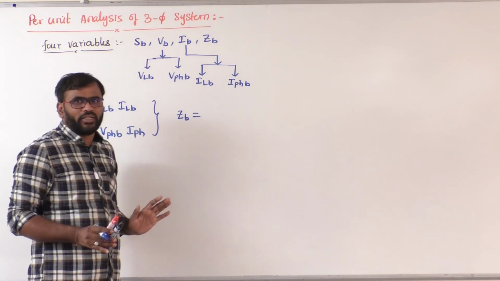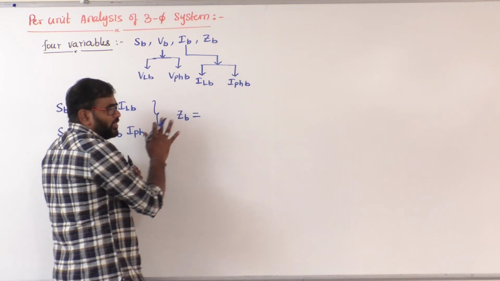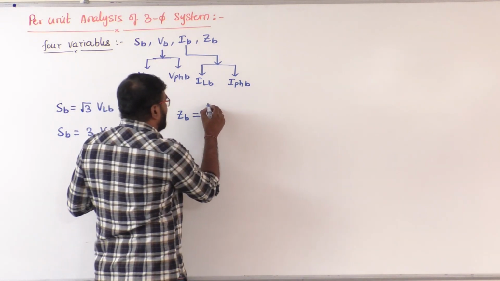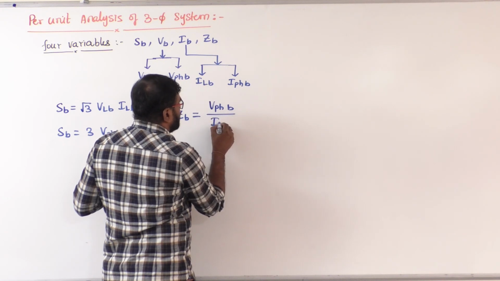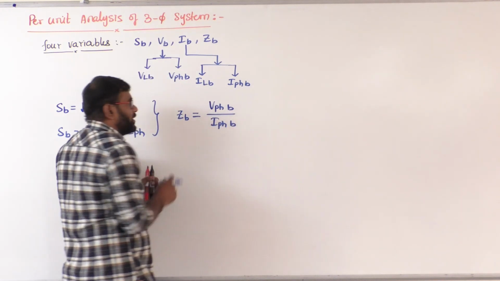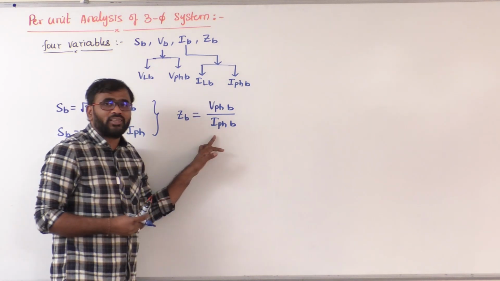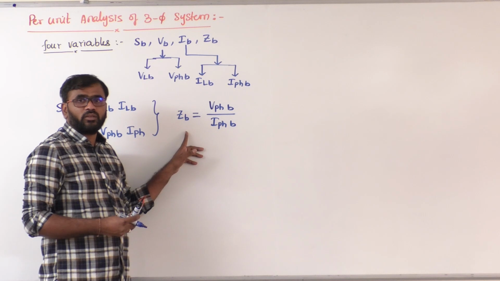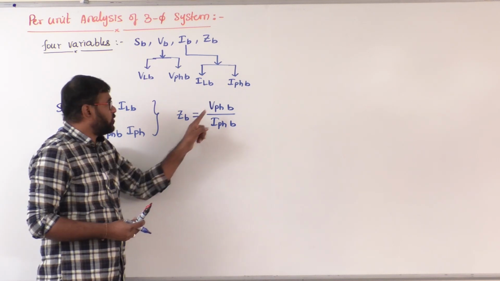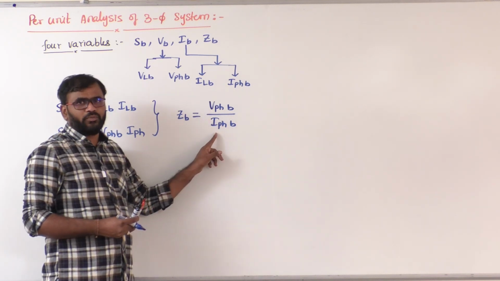Simply it is a per phase quantity. That's why I need to write V phase base by I phase base. If you write Z base equals V line base by I line base, that is a blunder. Be careful, many people will make a mistake here. Z base is always V phase base by I phase base.